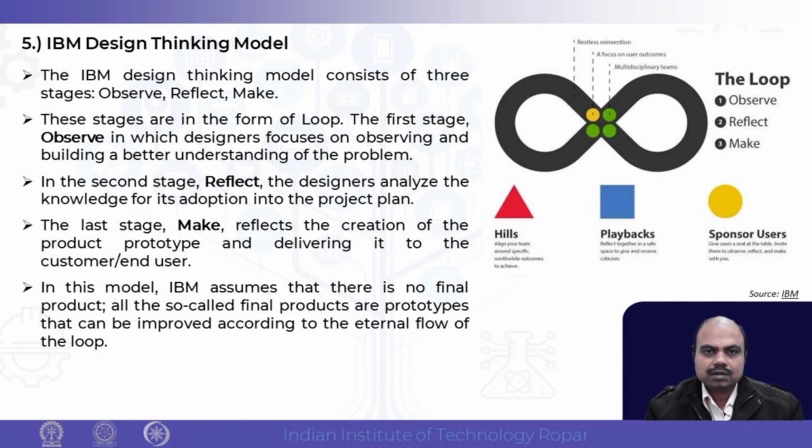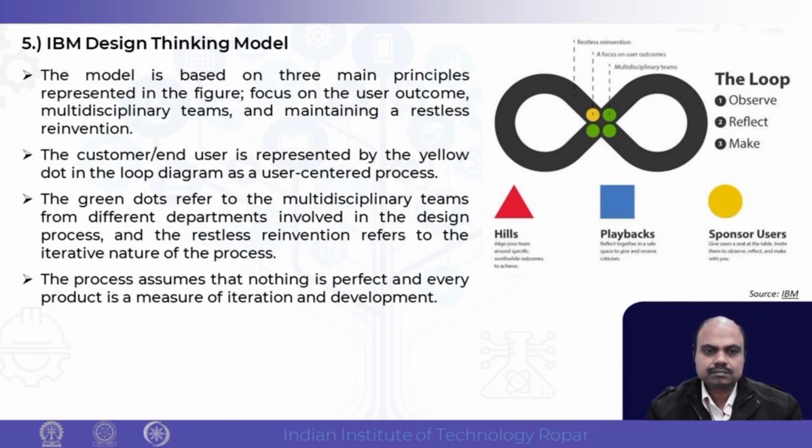On the right side of this slide, you can see the loop. First is observe, next is reflect, third one is make. The model is based on three main principles representing the figure: focus on the user or customer outcome, a multidisciplinary team, and maintaining a restless reinvention.